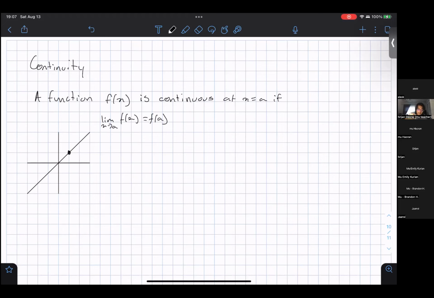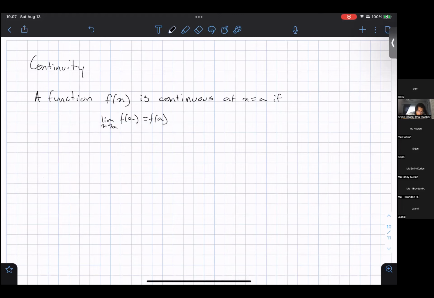So this is obviously continuous at 1, because the limit as x approaches 1 of f of x equals x is just 1, and similarly f of 1 is 1. And so since the limit is equal to the function itself, you can say f of x equals x is continuous at 1.